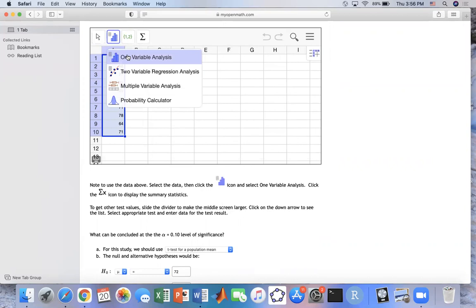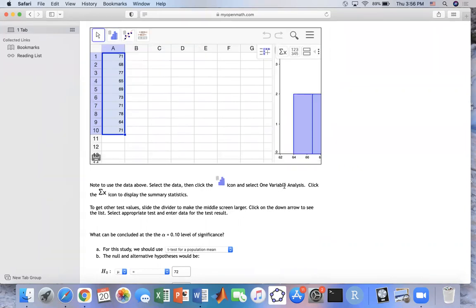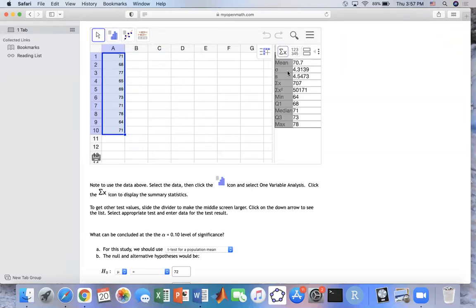Choose this one, as they tell you right here. When you click that, you see the sigma symbol right here. Click on this, and you see the mean, population standard deviation, sample standard deviation, everything right here. If you do it by hand, you need these to compute, but this app is going to give you everything.